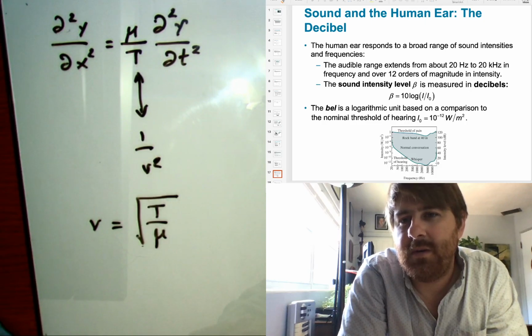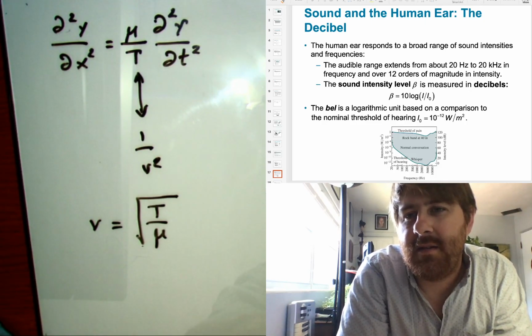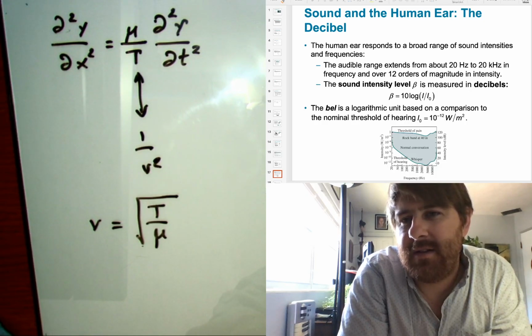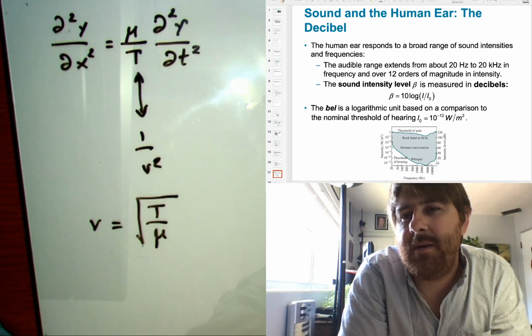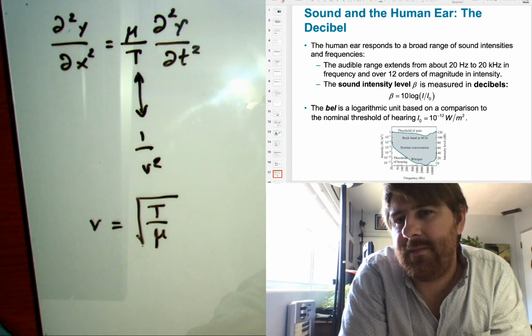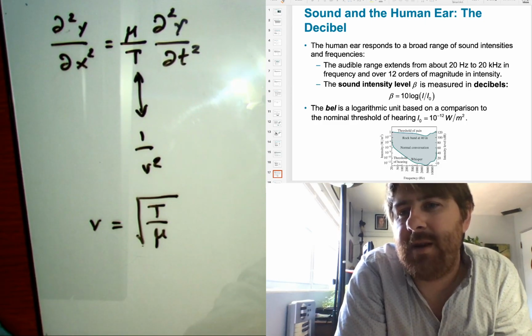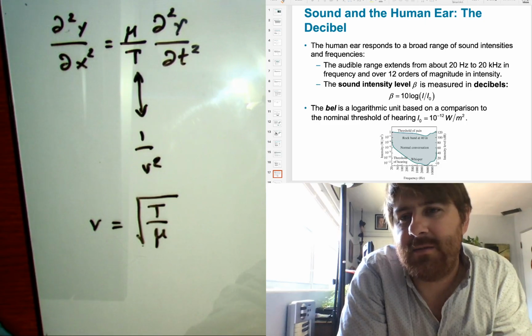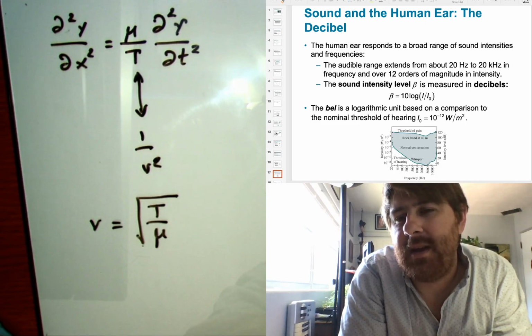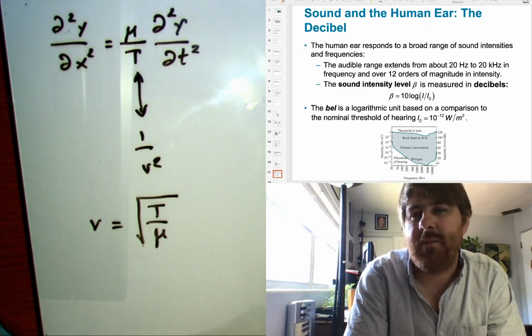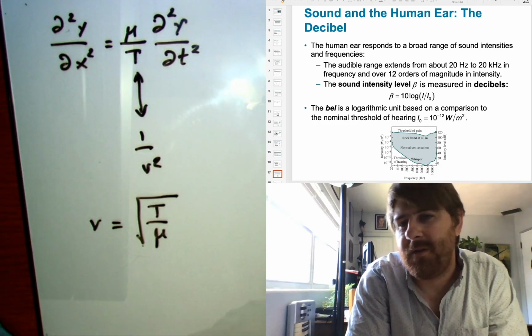So a bel is log base 10 of some intensity divided by some reference intensity level, and a decibel is 10 log of I over that reference level. We'll take as a reference I naught to be 10 to the minus 12 watts per square meter. That's the threshold of human hearing, about.